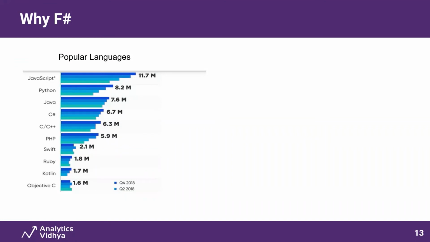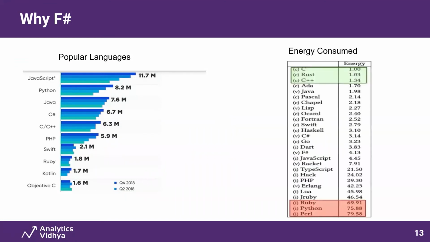But the catch here is the energy consumption. Just let me know if this is visible fully. You can see the energy consumed by each of these languages. Ruby is 69.91, Python is 75.88, and Perl is 79.58.